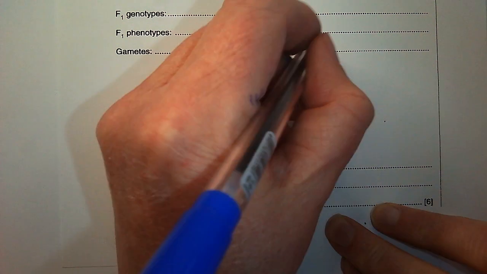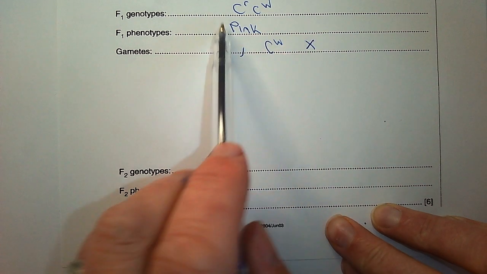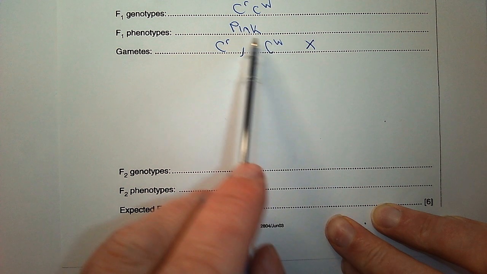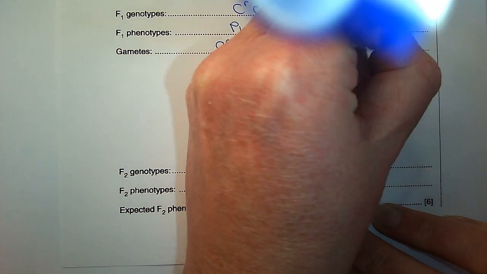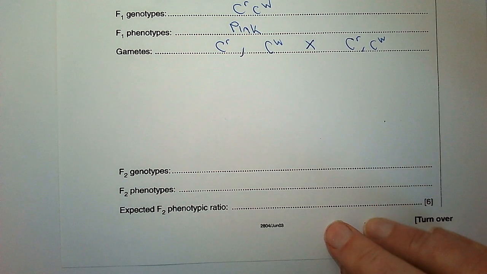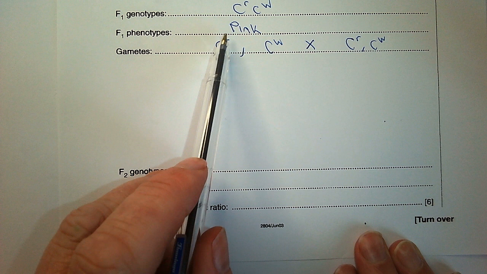And we know we're crossing that with another flower from this generation because it says they're interbred. So CR, CW. So there are choices of gametes for each of the two parents.